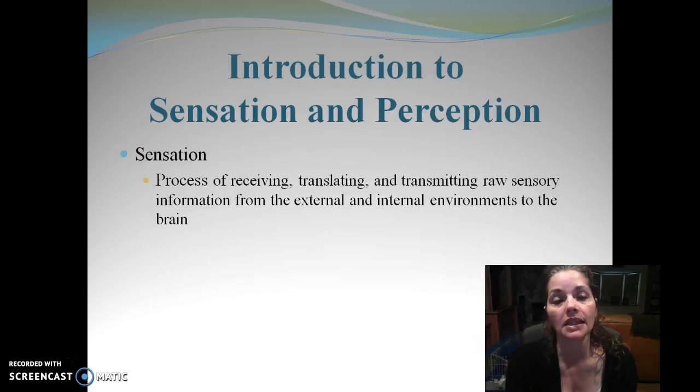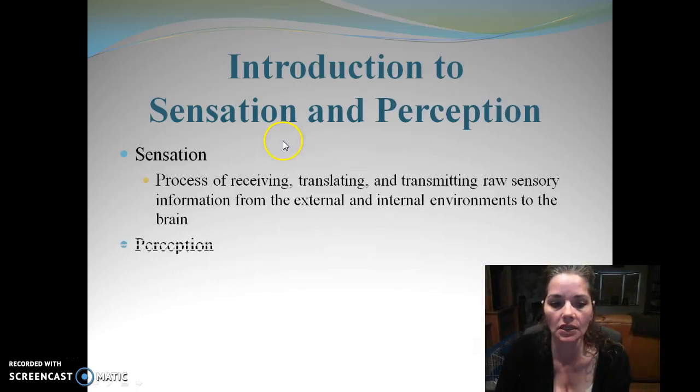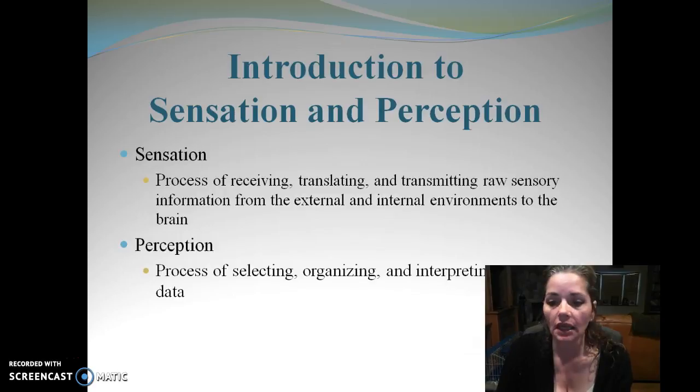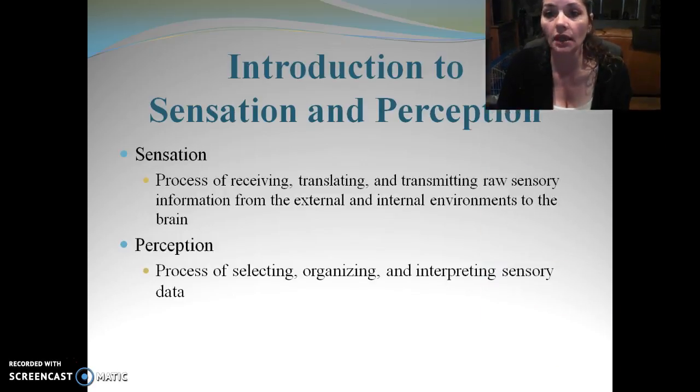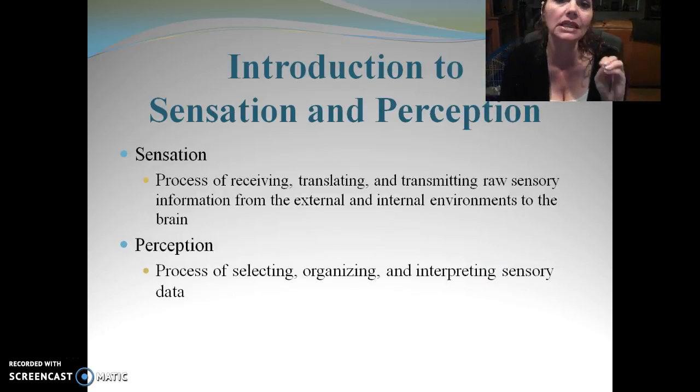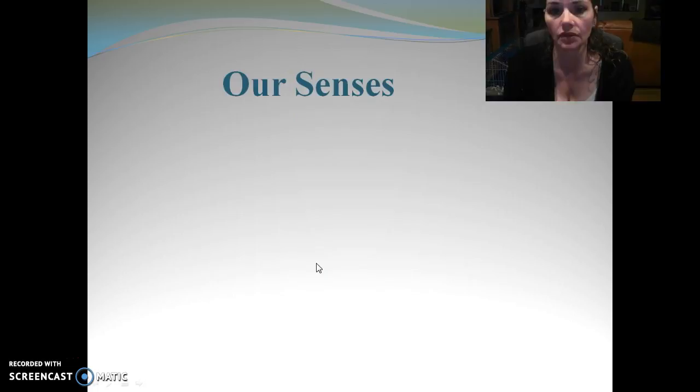The sensory data that comes in is taken in one form, and then we transduce it, or translate it, into a language that our brain can understand. And that's sensation. Perception is how we essentially select out pieces of that data, organize it, and then interpret it mentally to create a cognitive understanding of that information.